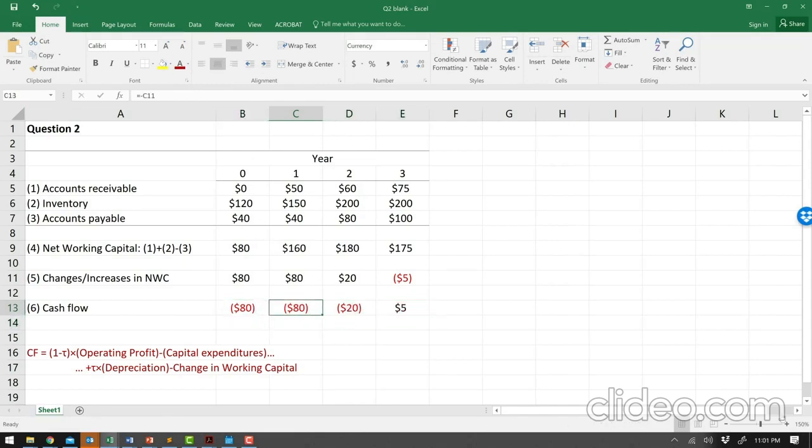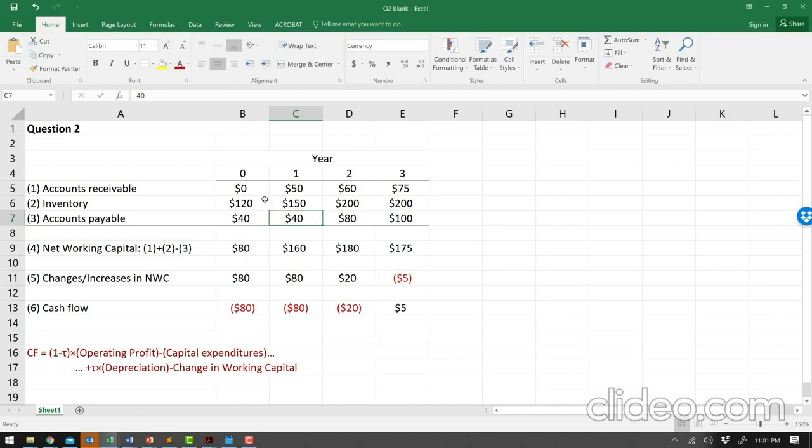Now, let's try to understand the intuition here. Why in year 1, do we have a cash outflow of $80,000? Well, let's look at the components of net working capital. Accounts payable don't change. They remain at $40,000.